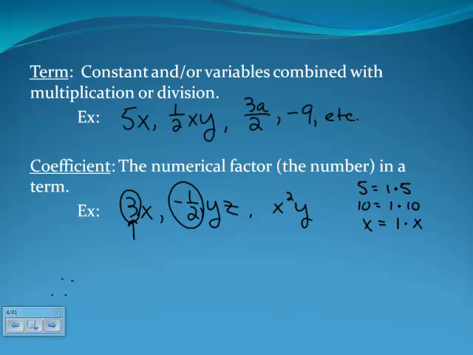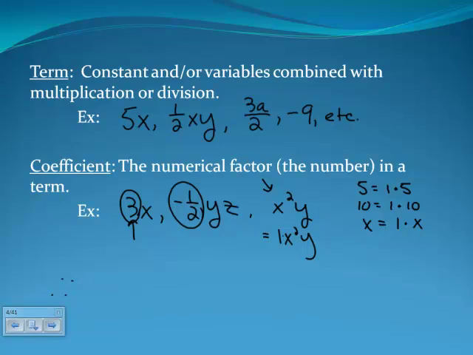because 1 times anything is itself. And so coming back to this example, x squared y, although there's not a visible constant or coefficient attached to that, you have to understand that if there's no coefficient visible, there is an understood 1 in front of it, because 1 times anything is that same value.